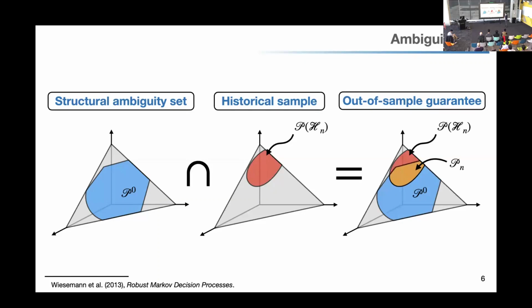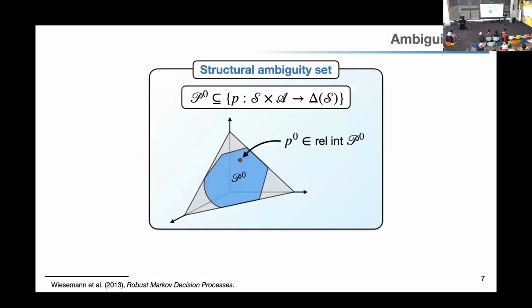And then the intersection will give me some out-of-sample performance guarantees, some guarantees of how well the MDP will be doing under the unknown true transition kernel. All right, let's look at those two steps in turn.